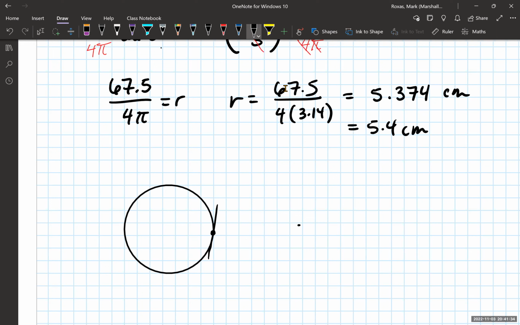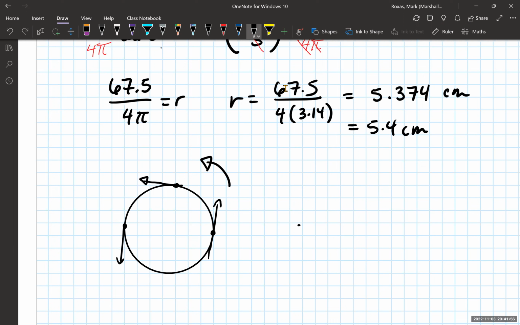Think of the velocity vectors pointing tangentially outwards. I'm assuming this wheel is turning counterclockwise like this.